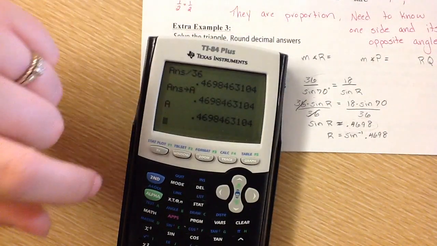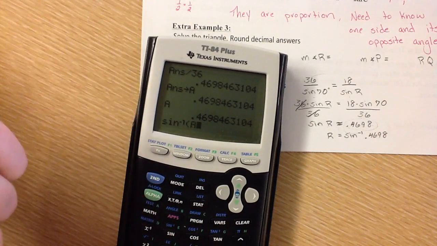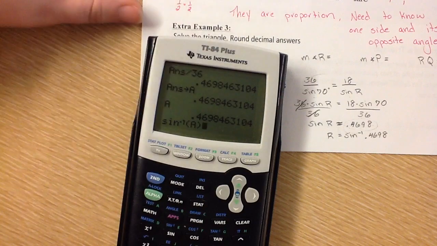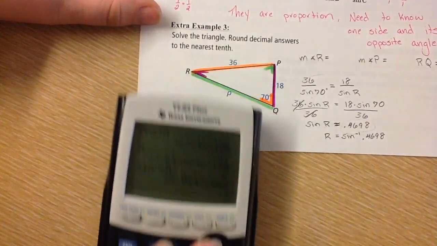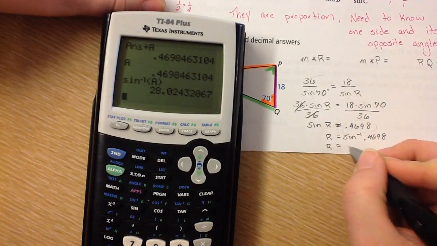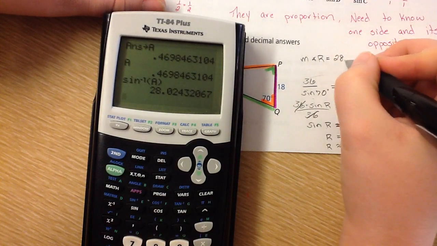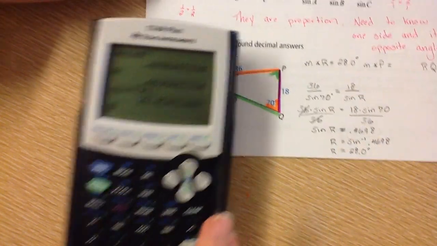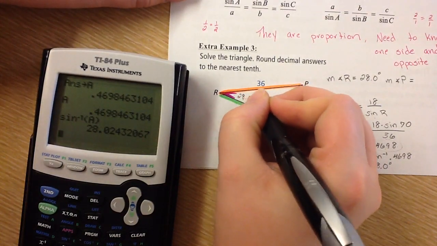I hit my sine inverse button, second sine, alpha A, so no rounding involved, and I get 28.0. It says round to the nearest tenth, so r is approximately 28.0 degrees. So we found the measure of angle r. I'm going to put that in my picture, 28.0 degrees.